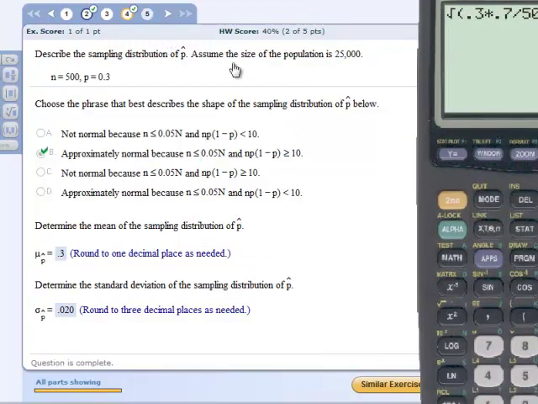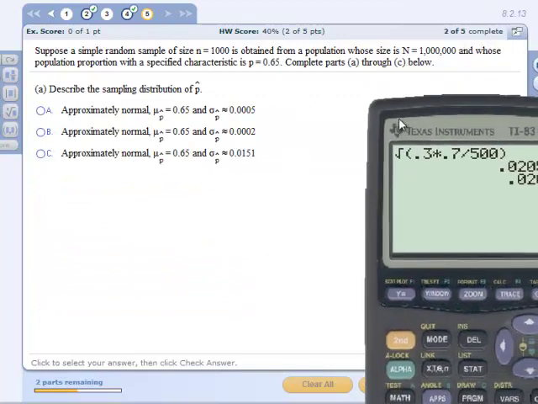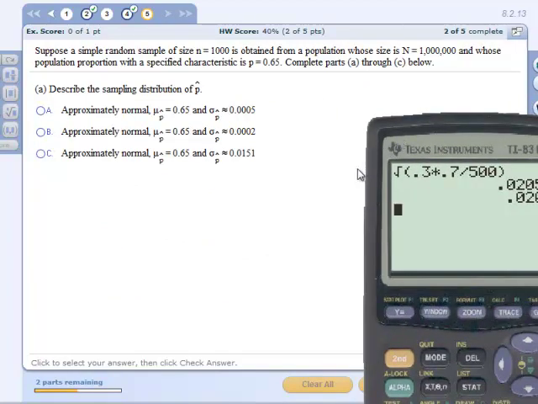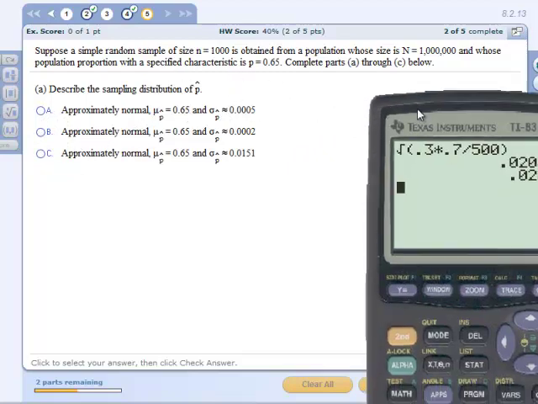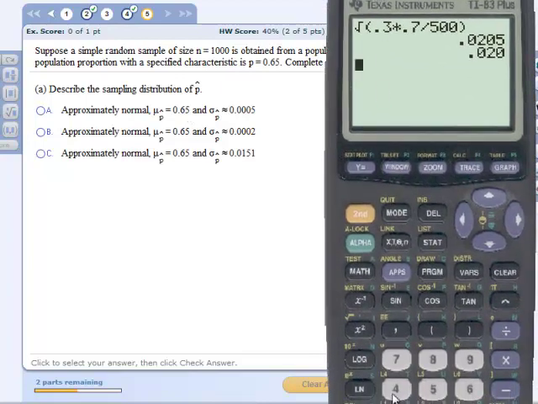Okay, then this last one. Suppose a simple random sample of size n equals 1,000 is obtained from a population where N is 1,000,000 and whose population proportion with a specific characteristic is 0.65. Complete parts A through C. Okay, so this is going to be approximately normal, and we definitely need to find the standard deviation of p hat.